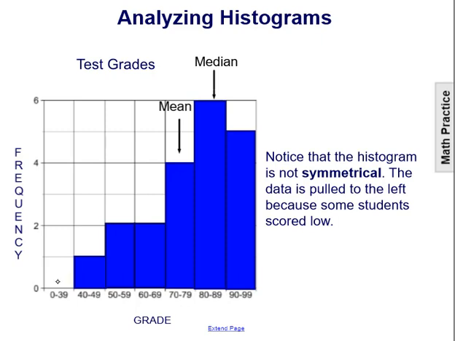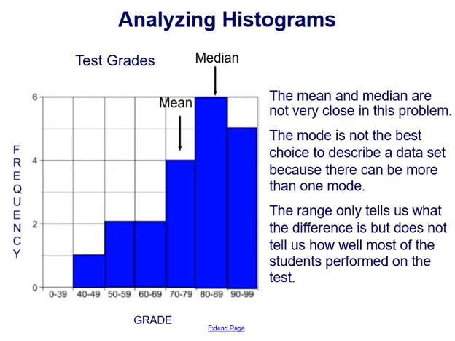It doesn't make a symmetrical mountain. And then you can see that the median is here in the data and the mean is there in comparison. So the mean and the median are not very close in this problem.